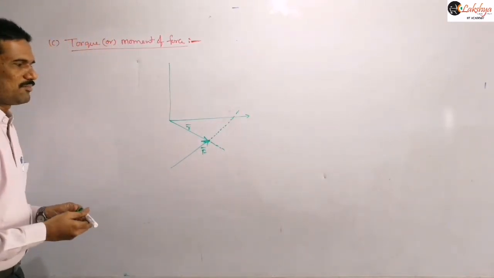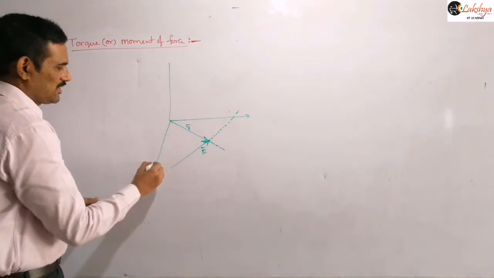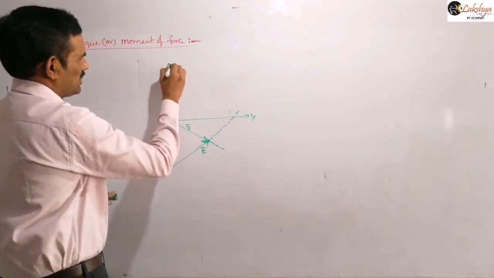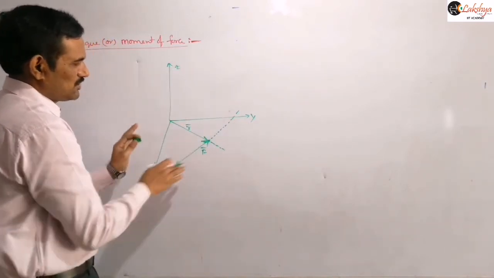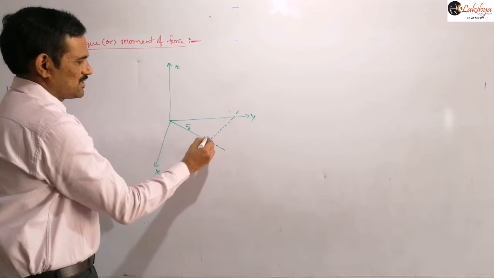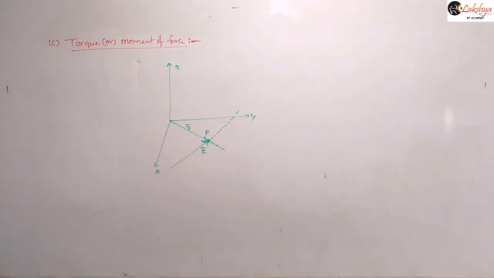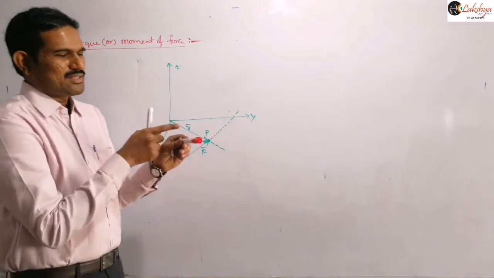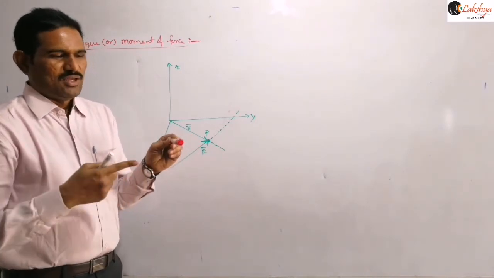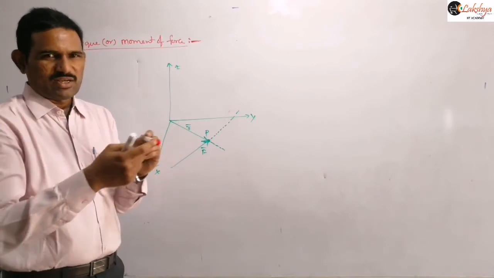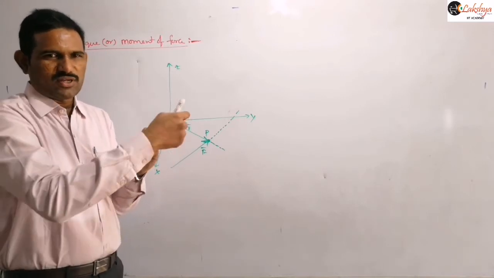Suppose I am taking this as the XY plane, and this is the Z axis, which is perpendicular to that plane. Now this particle P is lying in the XY plane. Let us take this as origin and here the particle is there. If you apply a force like this, then the particle starts rotating about the Z axis, if it is free to rotate about this axis.